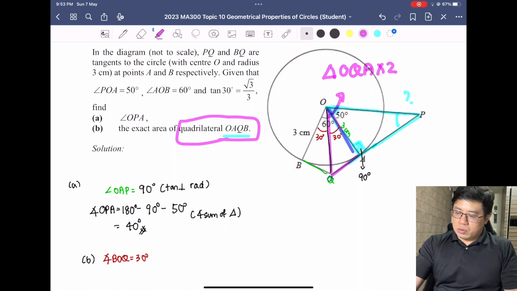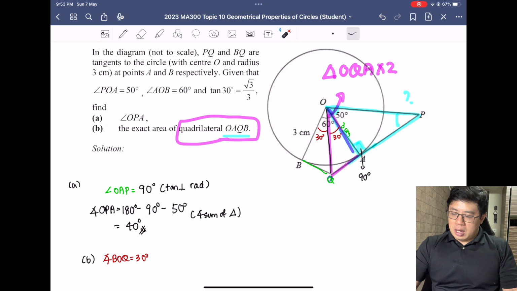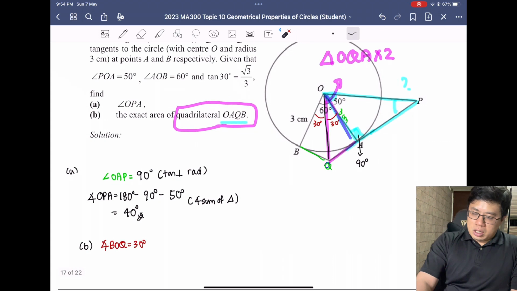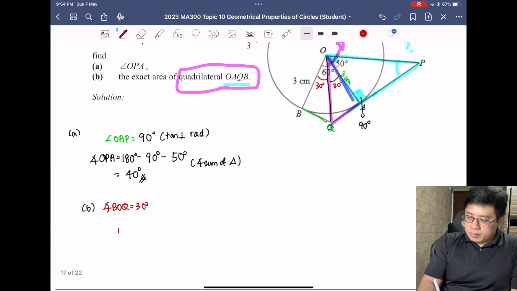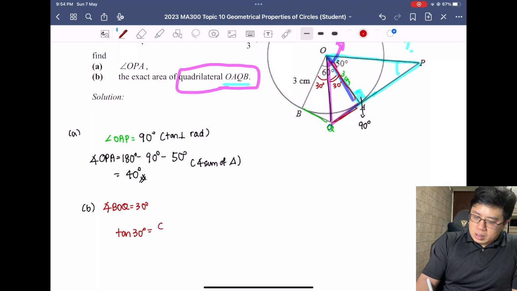So first, how do I find it? I'm thinking of half ab sin C. Okay, I know what OA is, this is 3, and this is 30 degrees. I can use this to find my QA. By using SOH CAH TOA, tangent 30 degrees will be QA over OA.